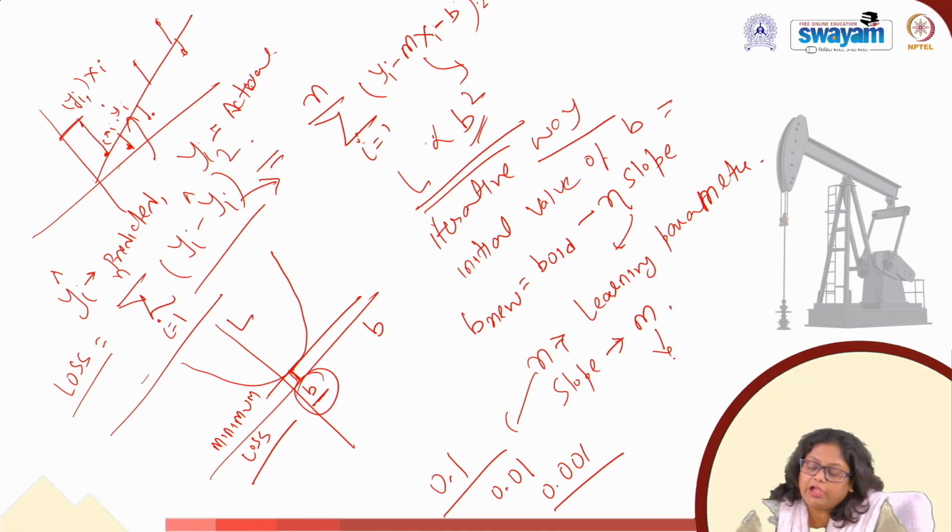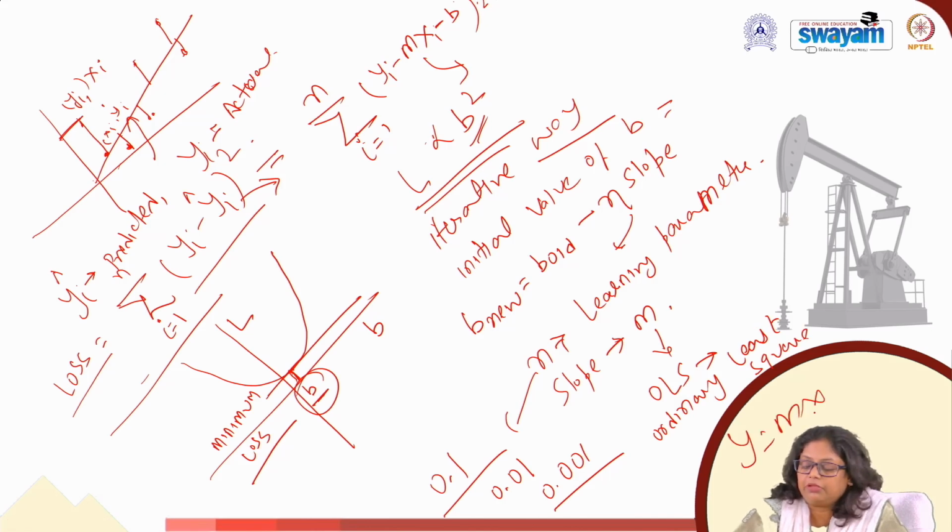This slope value, first we are calculating it from the OLS, the ordinary least squares method. That's the equation, y equals mx plus c, if you have one input feature.